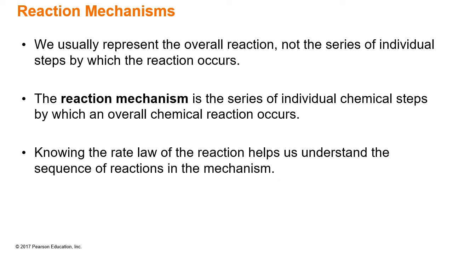A reaction mechanism helps to write out those smaller steps that happen in order for the overall reaction that we write. Kinetics helps us to determine and understand the sequence of the reactions in that mechanism, those steps that are happening in order for the reactants to eventually form the products.